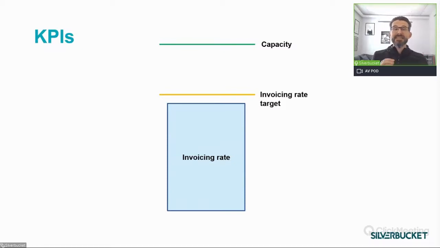The impacting things are, for example, typical hourly rate, available sales resources, and the maturity of the resourcing process. But of course, obviously, the project organization must also be able to deliver the projects successfully in order to reach this targeted invoicing rate.